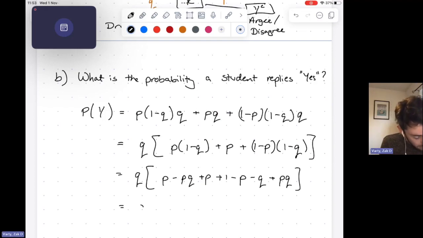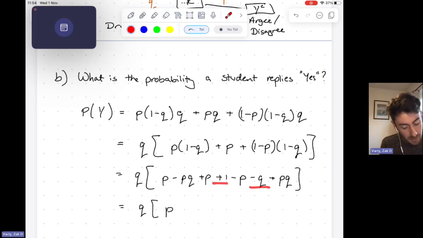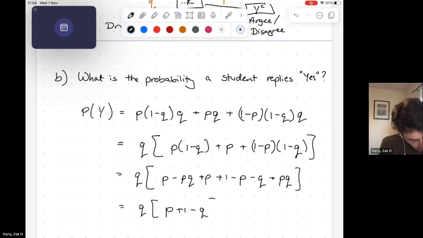So we can get some terms simplifying down here. So what are we going to have cancelling? We're going to have this P cancelling with that P, so we just end up with 1P overall. We have this minus PQ cancelling with this plus PQ. So we're left with a plus 1 and a minus Q. And that is as simple as we can get this expression.